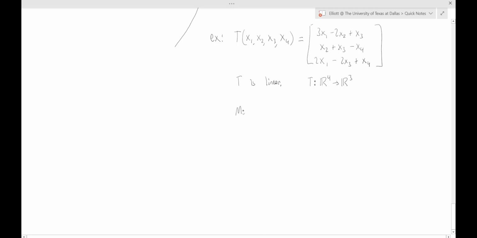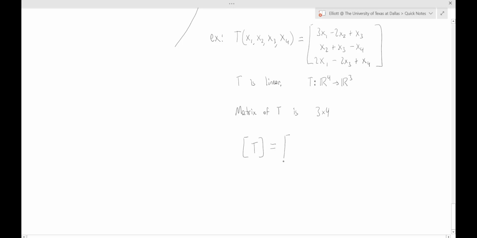So the matrix of T, first, I can already say the size is going to be 3 by 4, because remember it was opposite from what you had in the signature. And to get the matrix of the transformation T, you just look at the coefficients of x1, then x2, x3, and then x4.